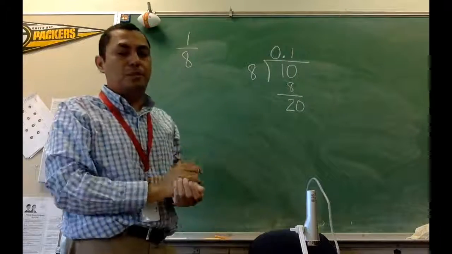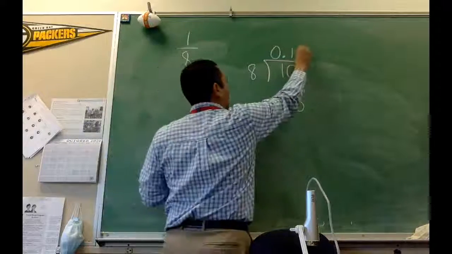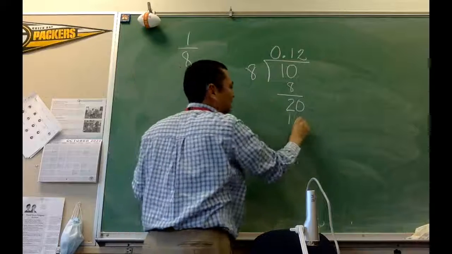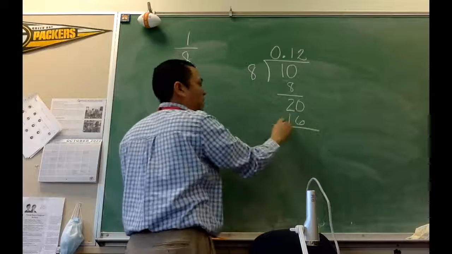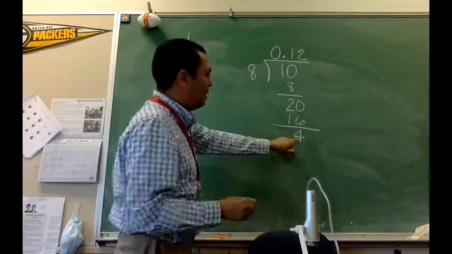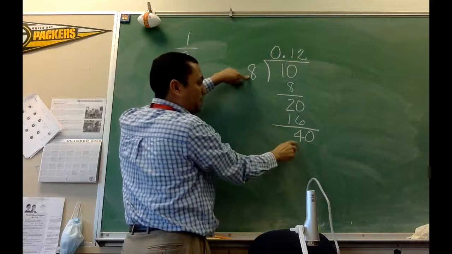So which number multiplied by 8 will give you 20 or less than 20? In this case it is 2. 2 times 8 is 16. 20 minus 16 is 4. And we add a 0 because there is no number that multiplied by 8 will give you 4.